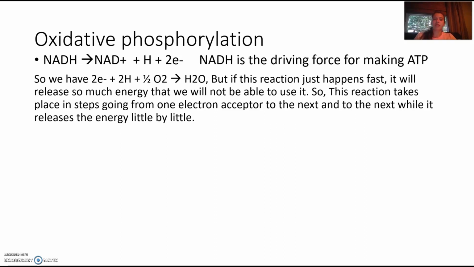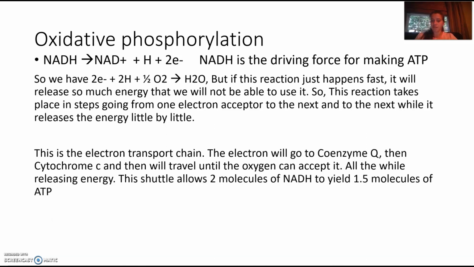So this reaction actually takes place in steps, from 1 electron acceptor to the next and to the next, releasing a little bit of energy little by little. This is the electron transport chain. The electron will go to coenzyme Q and then cytochrome C, and then it will travel until the oxygen can accept it, all while releasing energy.